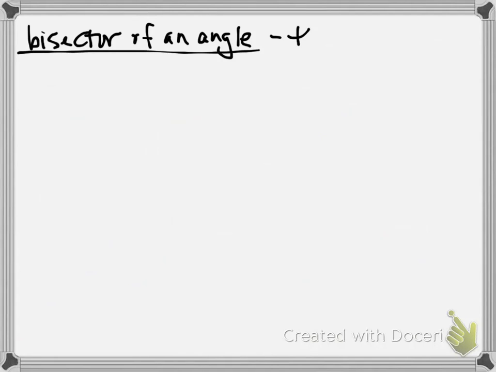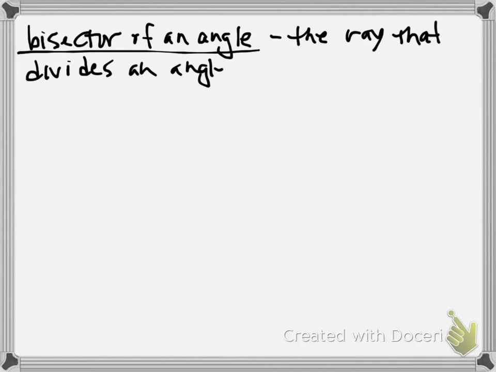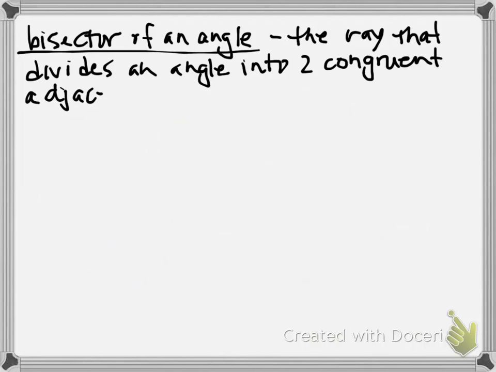So it's the ray that divides an angle into two congruent, adjacent angles. So remember, adjacent means they have a common vertex, a common side, but they don't overlap.